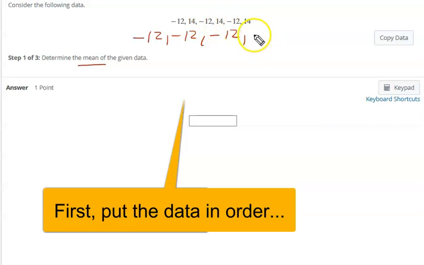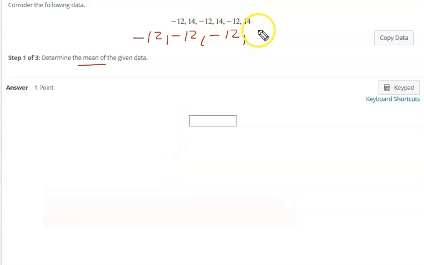We have three negative 12s, and then we have a 14, a 14, and a 14. So if we add all of this up and get a sum, and then divide that sum by 6 items of data, that will give us our mean.